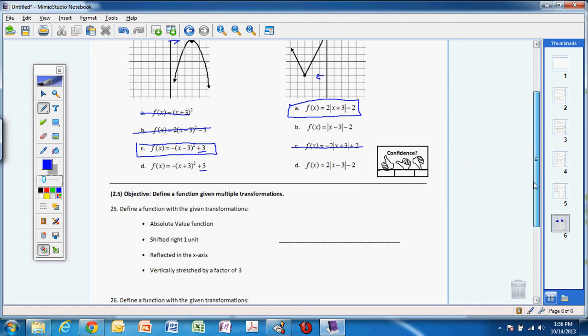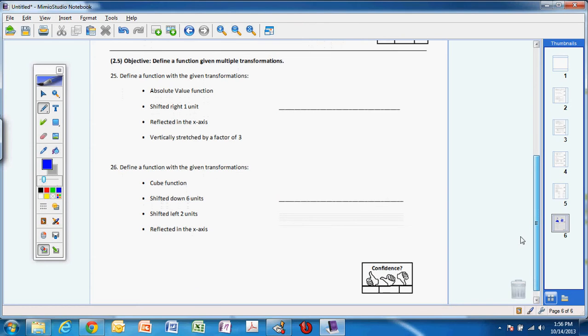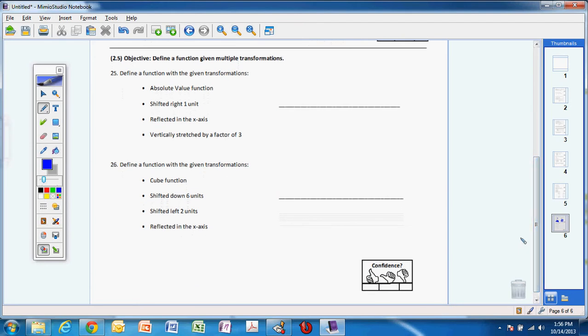So moving down, the last 2 questions on this review are about writing our own functions given certain transformations. On this first one, it tells me it's going to be an absolute value function, so I know I'm going to have an absolute value of x in there. It's shifted right 1 unit.